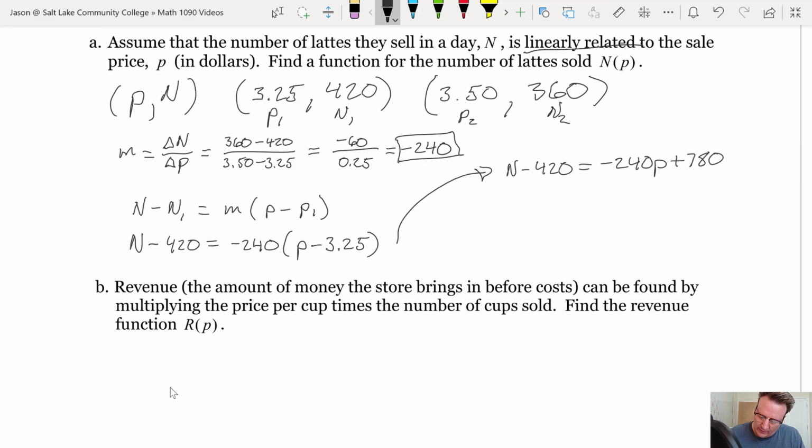Okay, now I solve for n by adding 420 to both sides. That's going to give me negative 240p, and let's see, 780 plus 420.